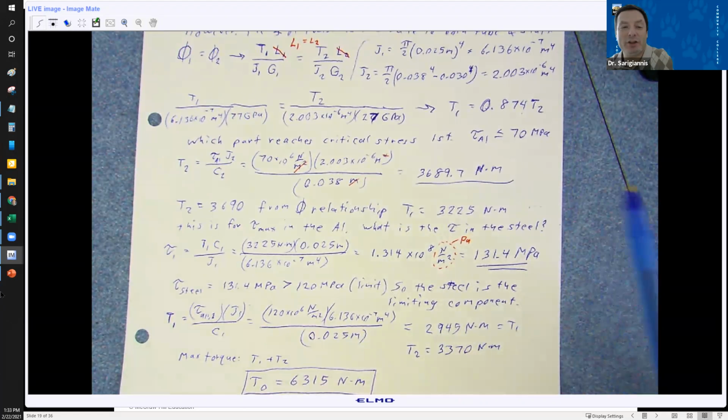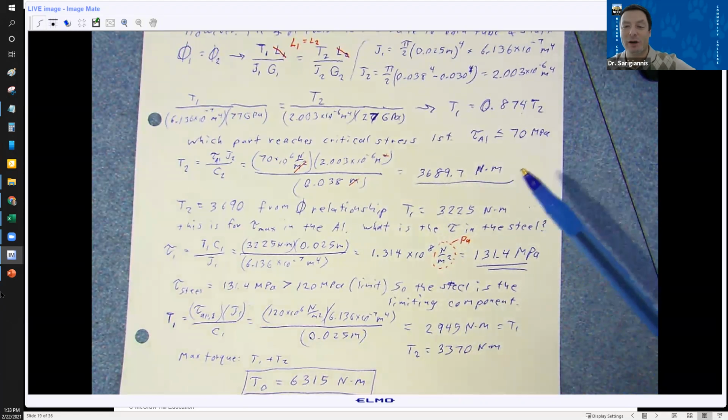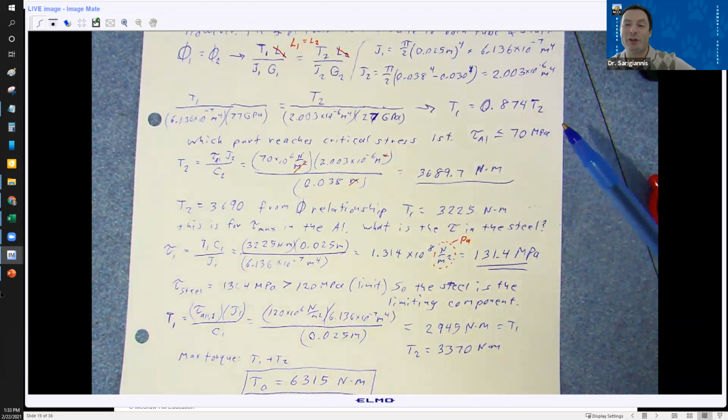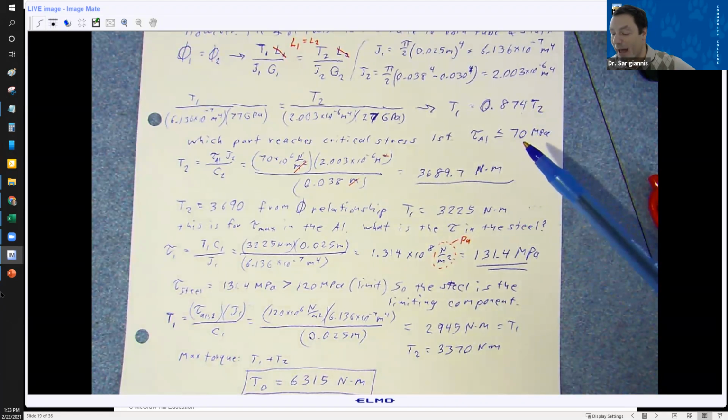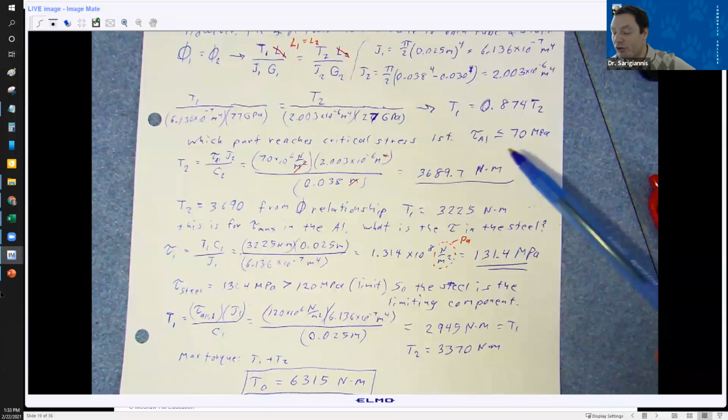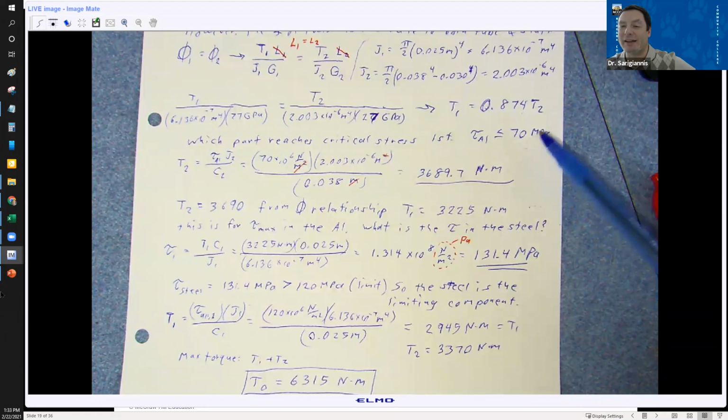We started off with aluminum. We found out what the torque was to generate the maximum shear stress in the aluminum. This is the maximum allowable shear stress in the aluminum, 70. So we use that as a limit. We said we want to stay below that value.